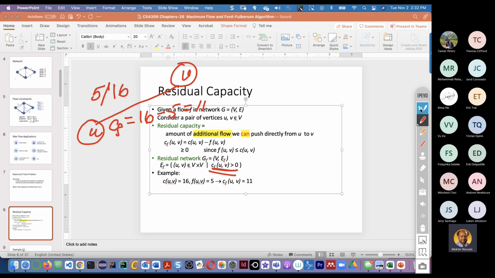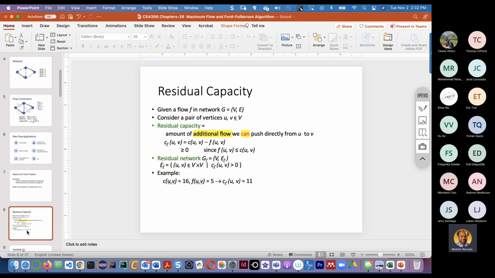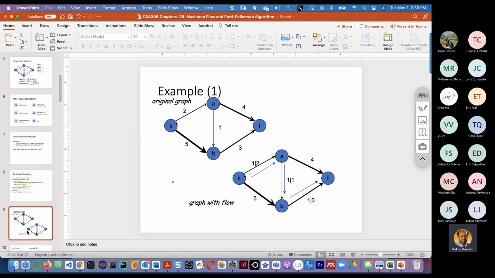Okay, let us see a few other examples. Here it was given an original graph, the previous graph, with capacities 2 units, 1 unit, 4 units, 5 units, and 3 units.